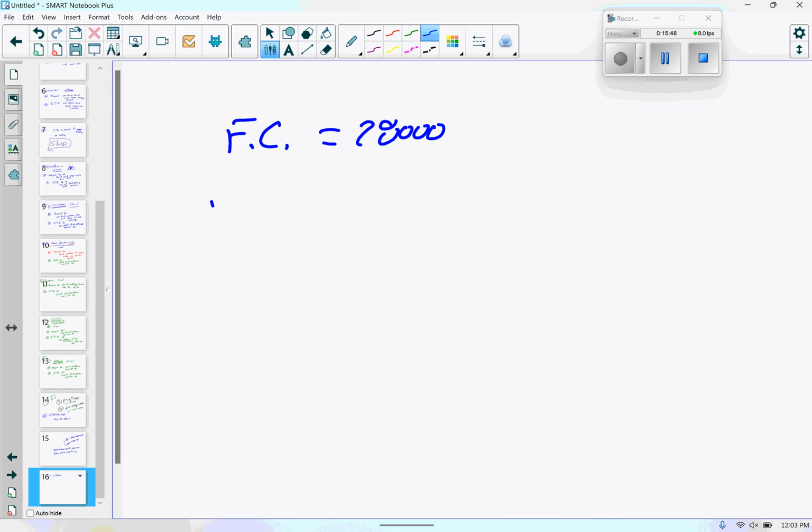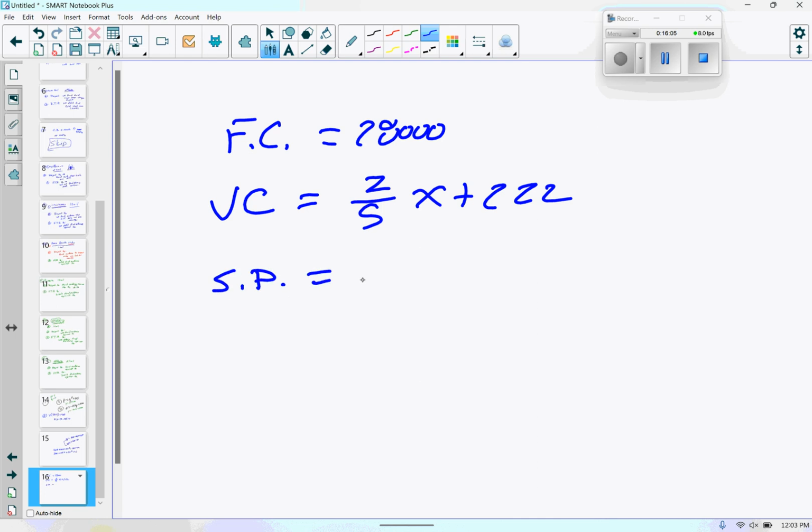We have variable costs of 2/5 X plus 222. And then X is the total number produced, and the selling price is equal to 1250 minus 3/5 X.